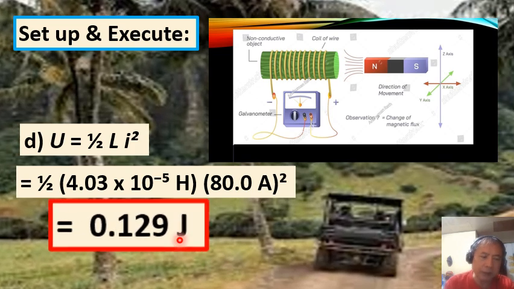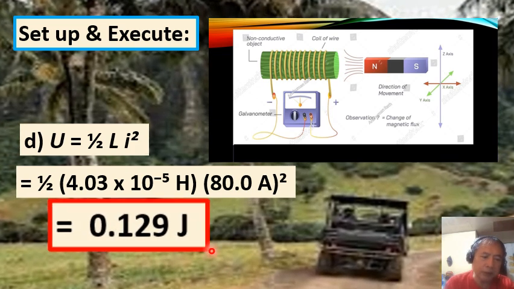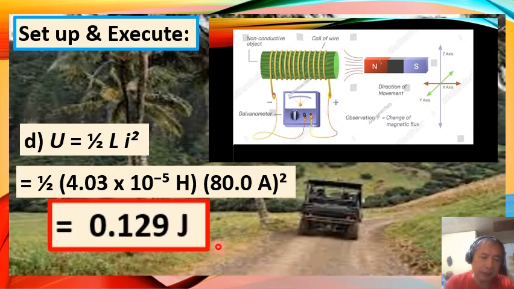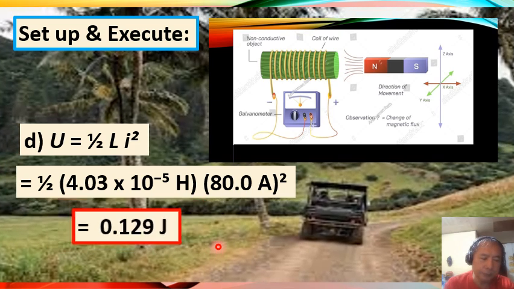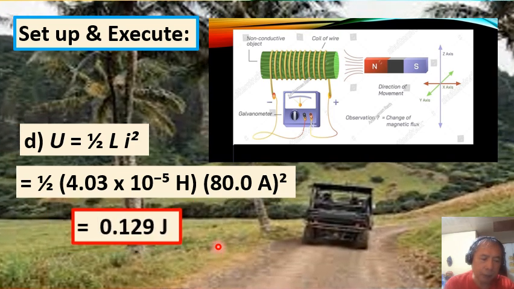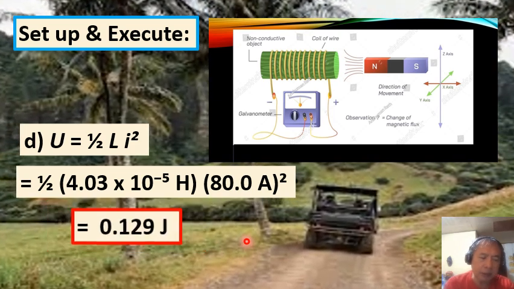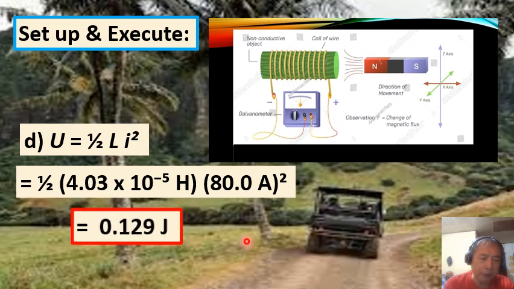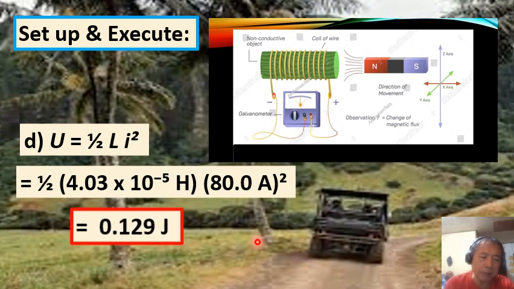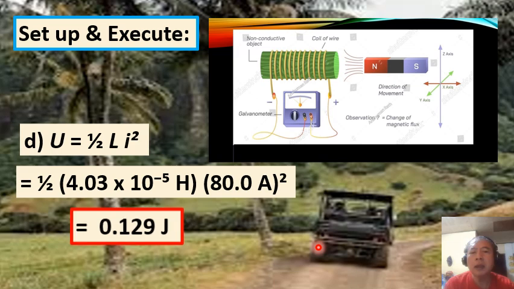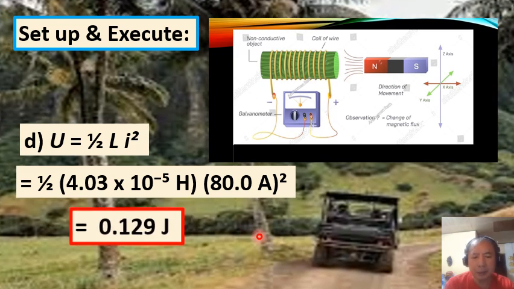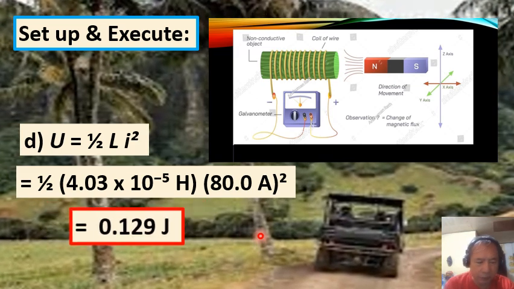Obviously, the energy that is supplied to the external circuit is relatively small. And we can attribute this small amount of energy to the relatively small amount of the self-inductance, capital L, produced in the solenoid.